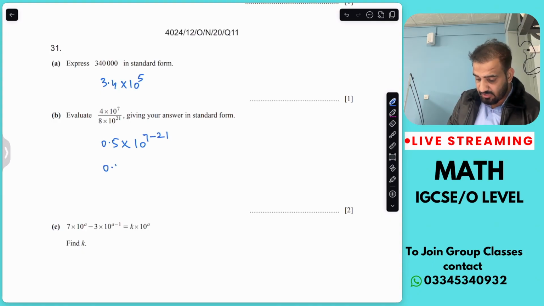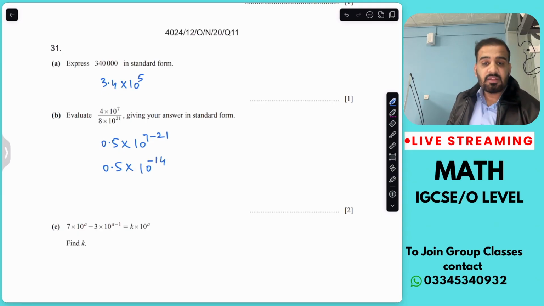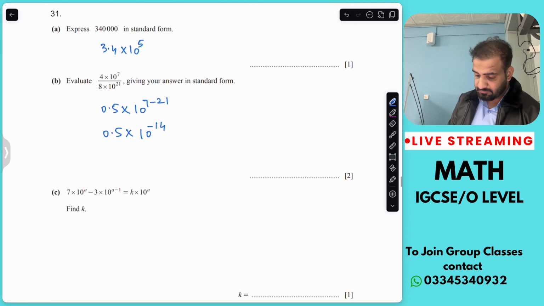So 0.5 cross 10 raised to power minus 14. Now you will write 0.5 the decimal on the right side. So 5 cross 10 raised to power minus 1 cross 10 raised to power minus 14, which is 5 cross 10 raised to power minus 15.